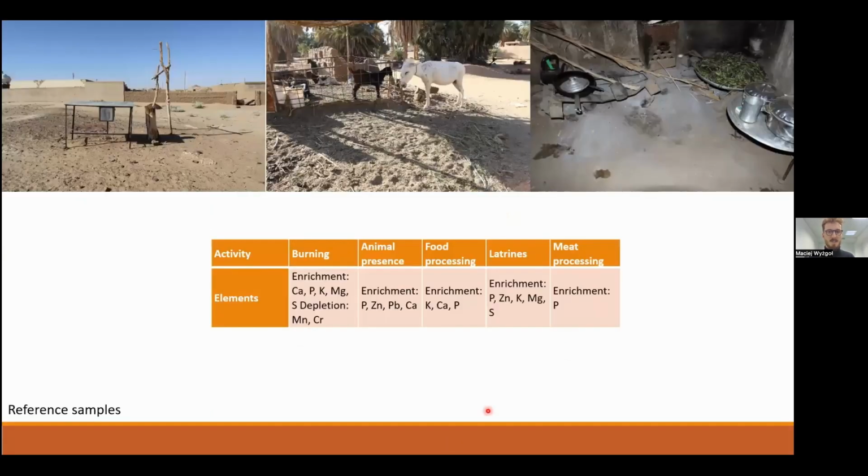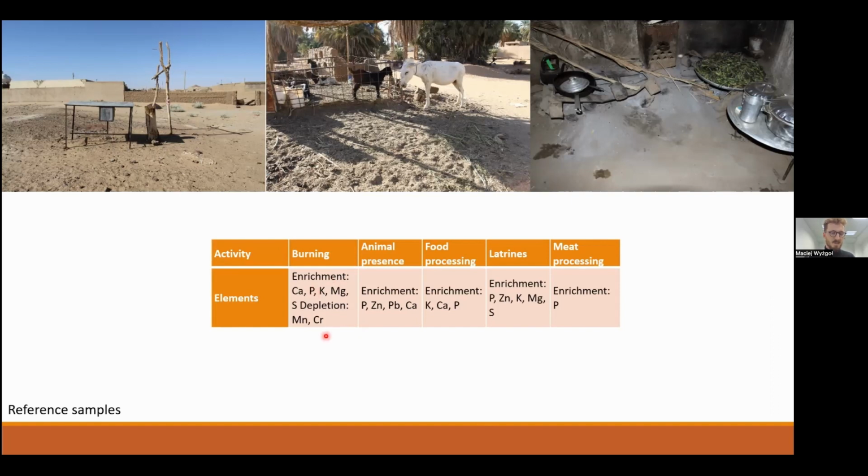In order to identify elemental enrichments with particular activities, to supplement already existing literature, I collected reference samples from ethnographically or archaeologically confirmed activity areas. So from the adjacent village and the archaeological site in Old Dongola. The table here presents enrichments and depletions compared to the background level.